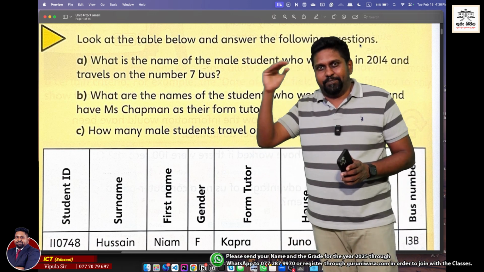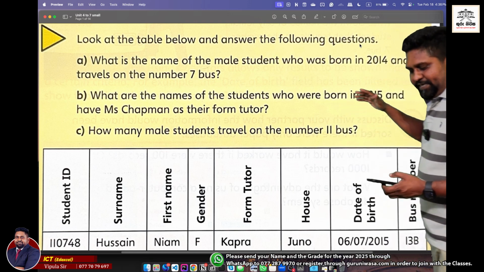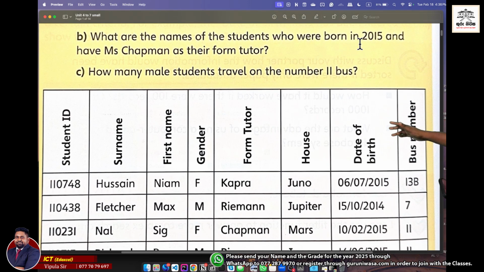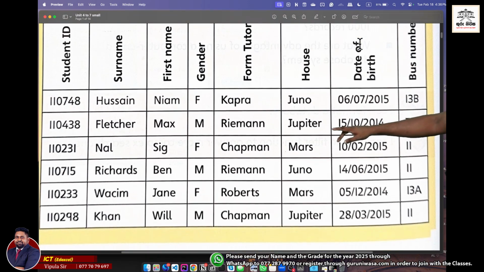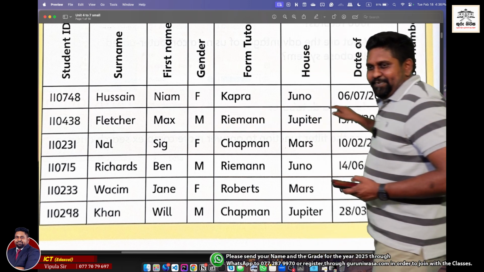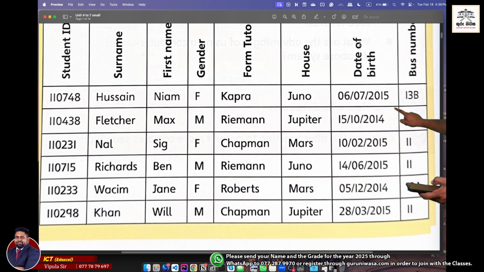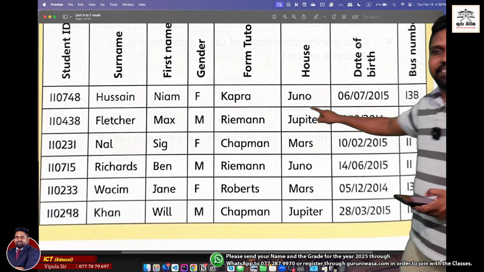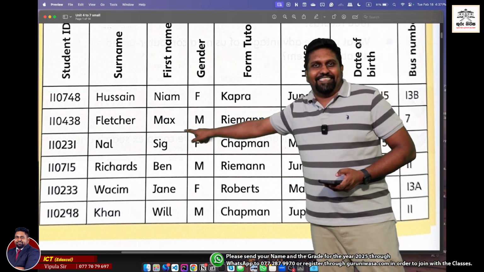So we look for male, 14, bus number 7, and when you scroll down you can easily see male, 2014, traveling on bus number 7, that is Max.